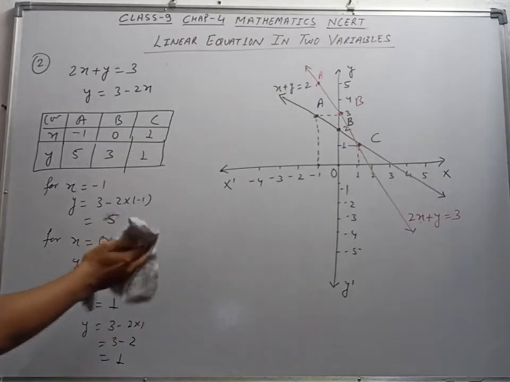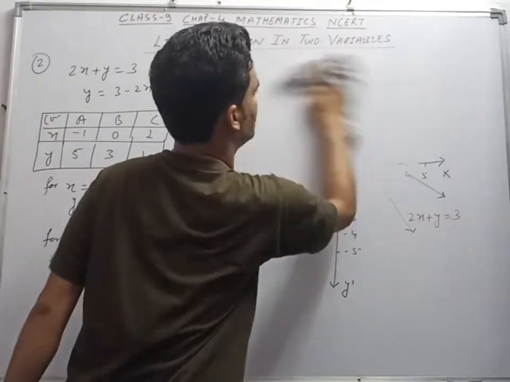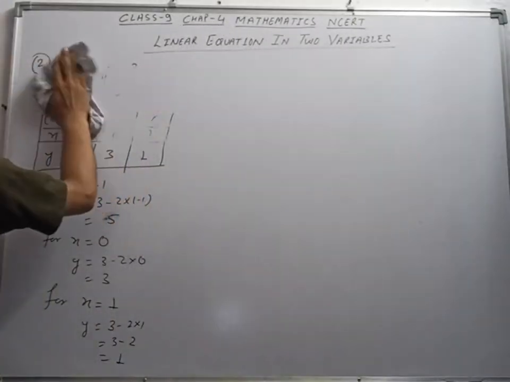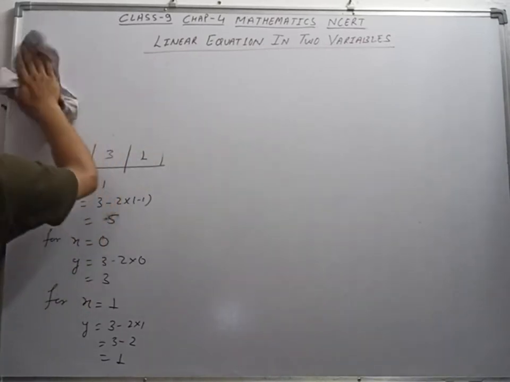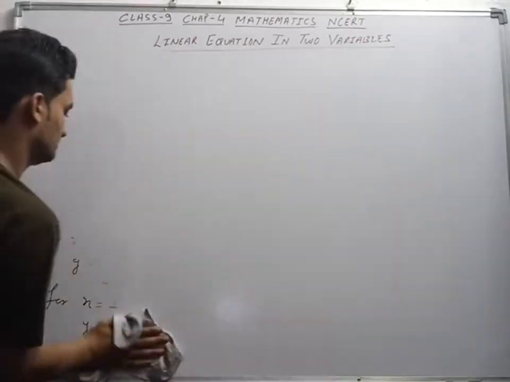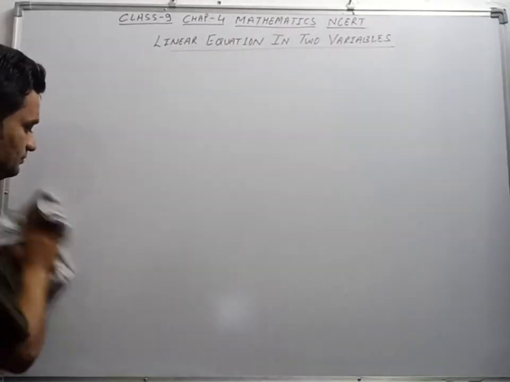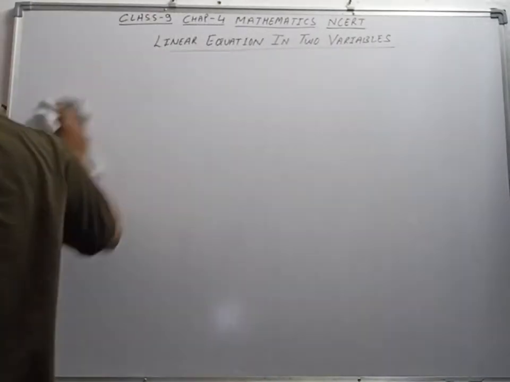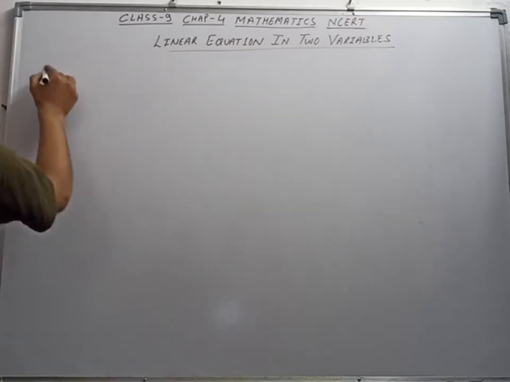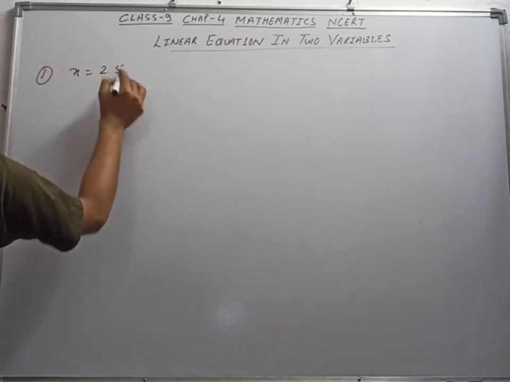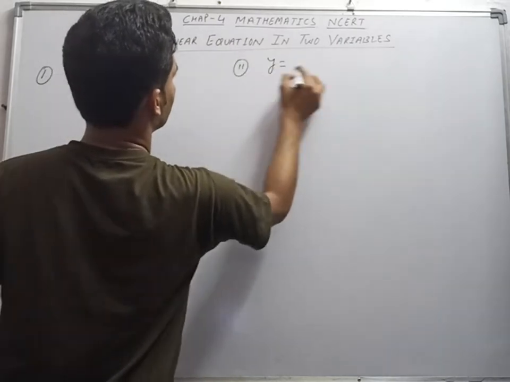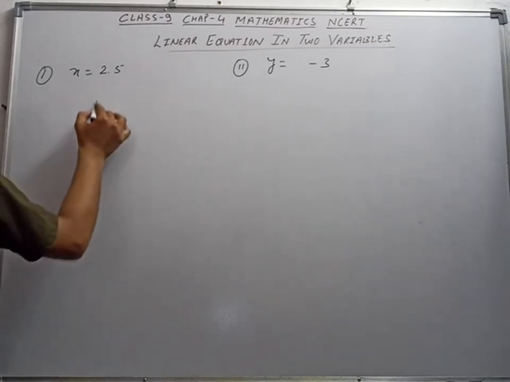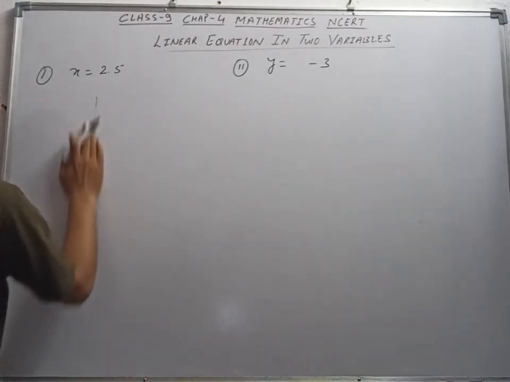So first question is x equal to 2.5, and second question is y equal to minus 3. For both, there is no need of finding solutions.